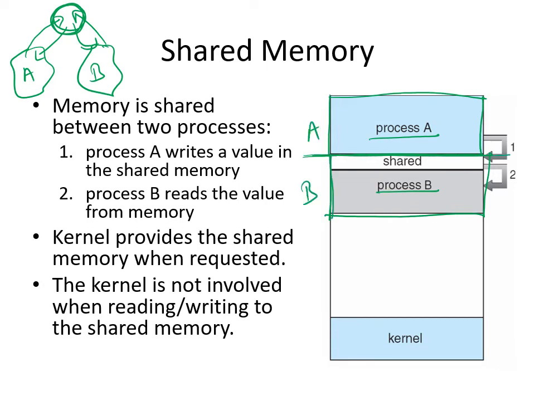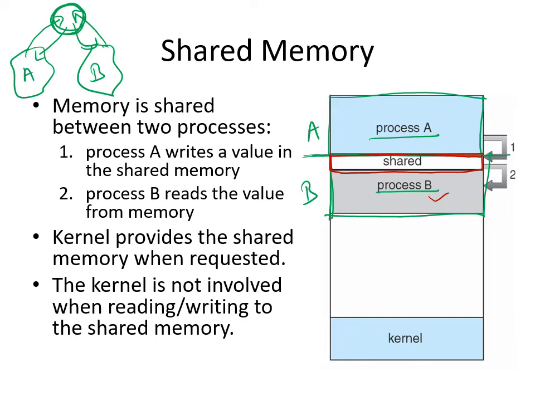So if these two processes want to communicate, one of these two processes will need to create a shared memory region inside its address space. So let's assume process B decides to dedicate this portion of its memory here and create it as a shared memory region.